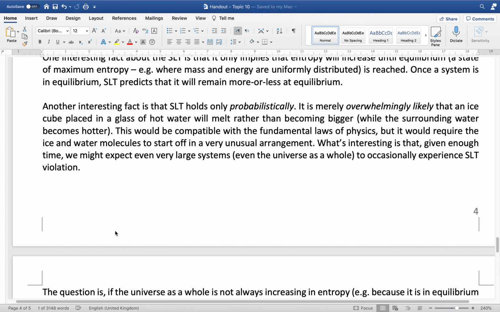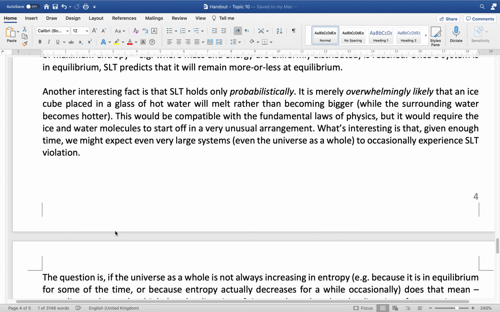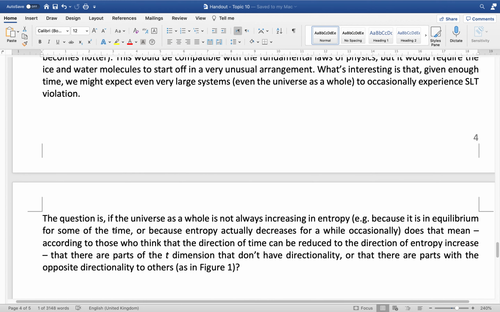Now, actually, what's interesting is that the universe itself isn't supposed to be an entropy increasing system. So, given eons and eons of time, it seems that it would become likely that you'd get at least some periods of time over which the entropy of the universe as a whole decreased rather than the usual increase.